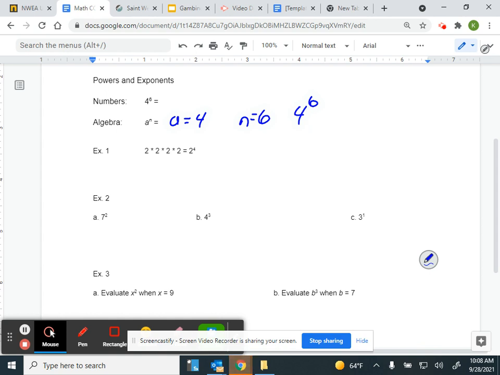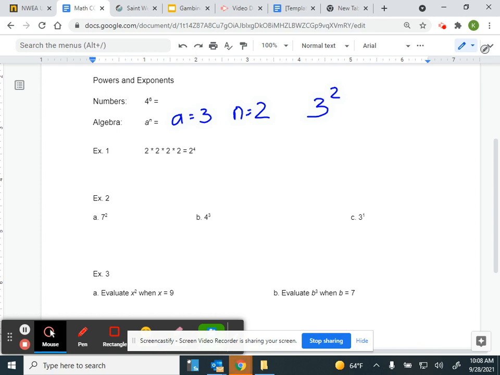If it was, let's say, a equals 3, n equals 2, that would be 3, and we don't say to the 2nd power. With that 2, we say squared. 3 squared.